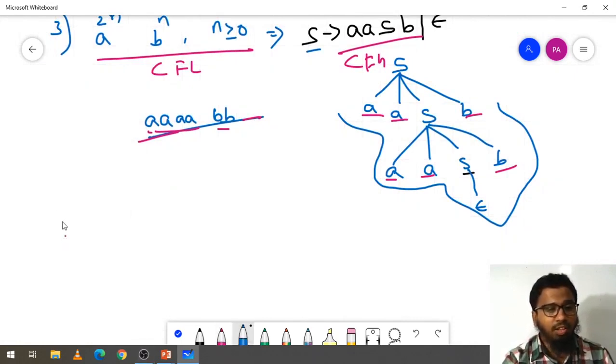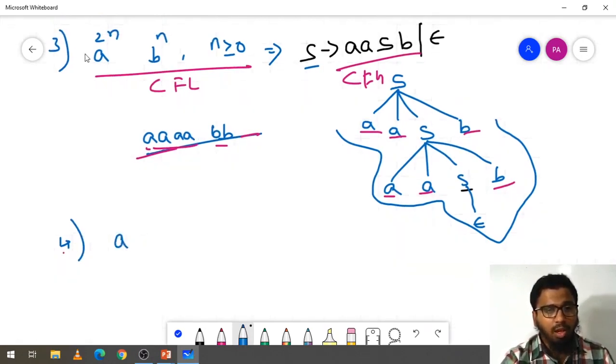We need to take another example, the fourth one: a power 2n plus 3, and b power n, n greater than or equal to 0.